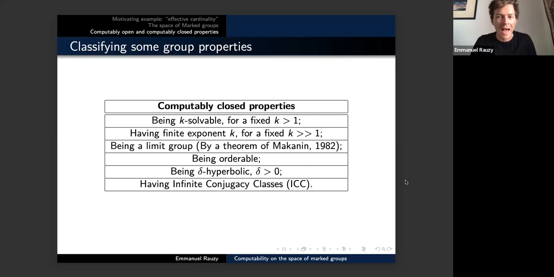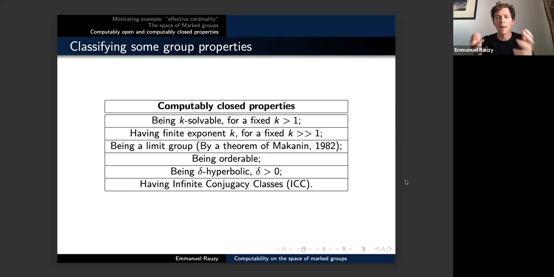And this is not ideal for what we set out to do in this talk, because if you recall the example about effective cardinality, the situation was interesting because introducing computability theory, we are able to make finer distinctions.